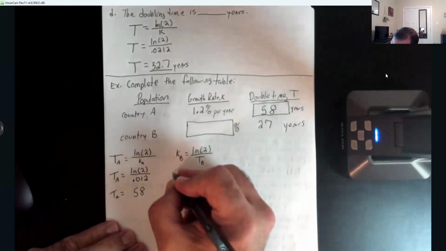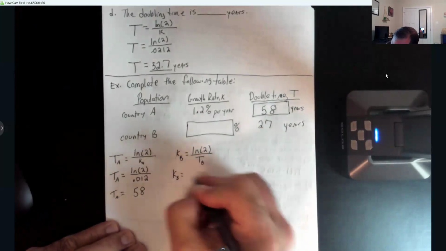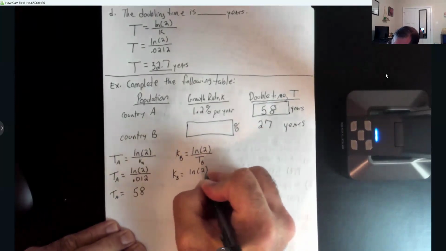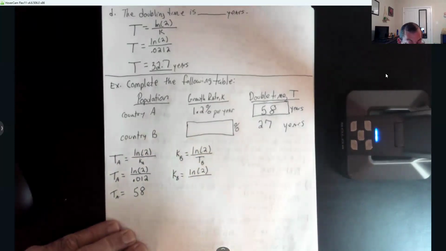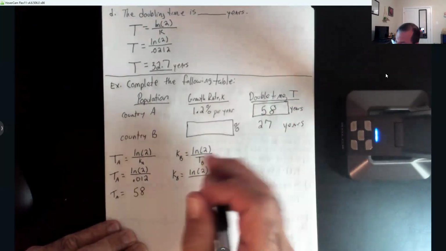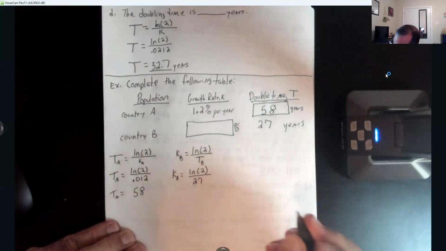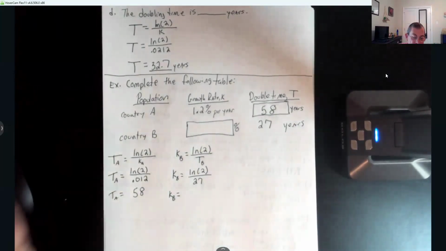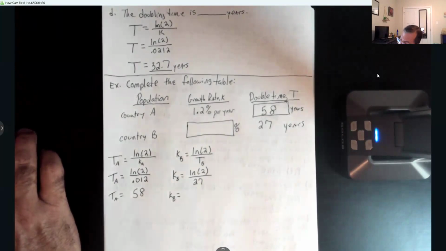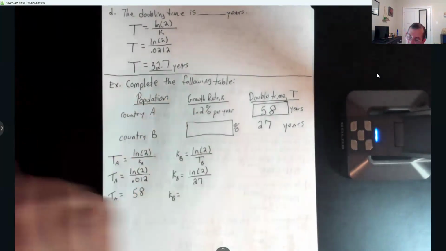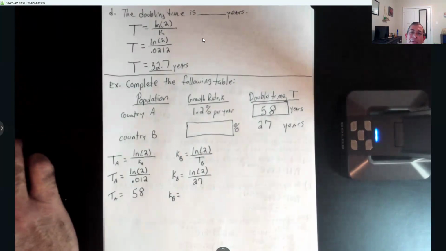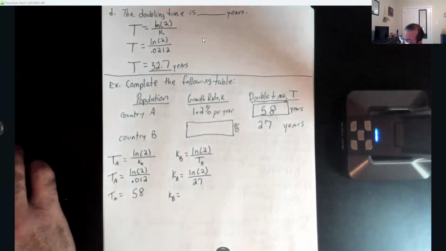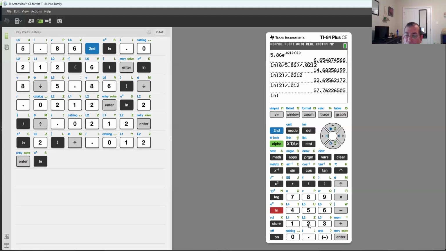So we're basically going to have K of B equals the ln of 2 divided by our 27 years. All right, y'all, so let's divide that out, and they're doing one decimal place on this. So let's see what that'll give us. My ln of 2, close parentheses, divided by 27 years.